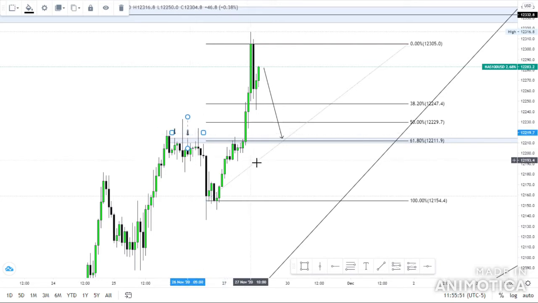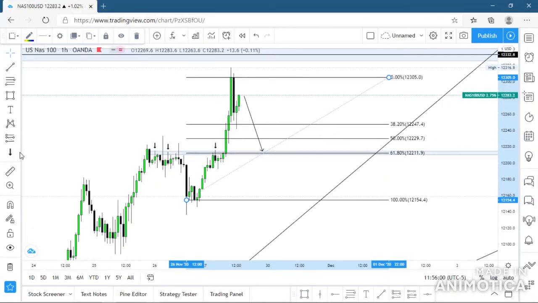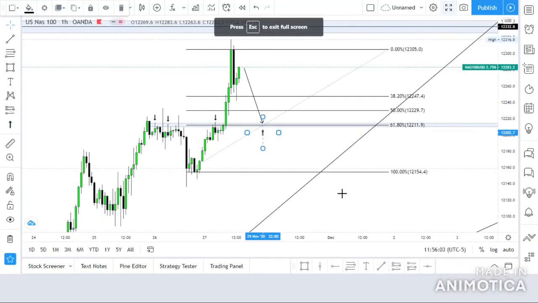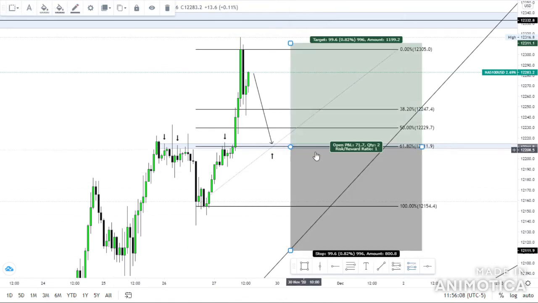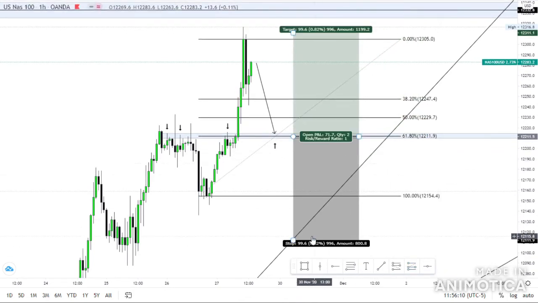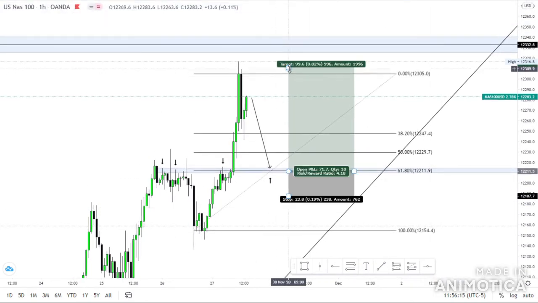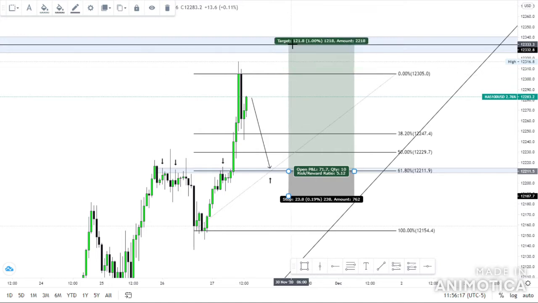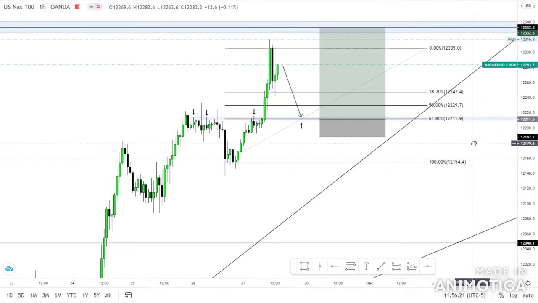Okay, and obviously we have got more resistance right here, so we'd then be waiting for a retest to go long on this level right here, something like that. And you could obviously hide your stop loss right below these lows right here, and obviously look for TP up there.